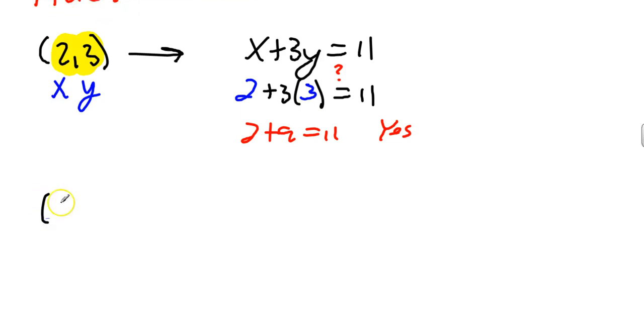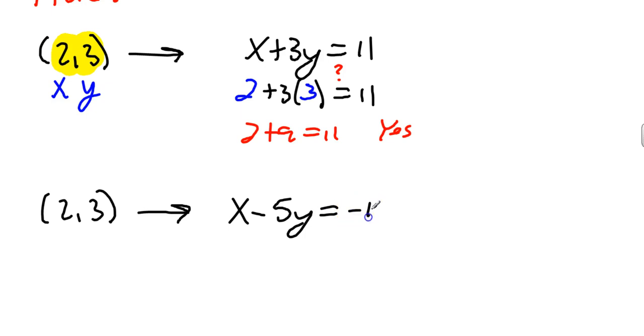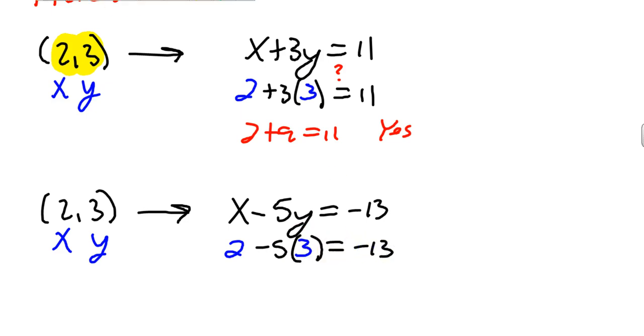So now we're going to take 2, 3 and plug it into x minus 5y equals negative 13. Again, when you plug those numbers in, that's the question mark. Does that equal negative 13?